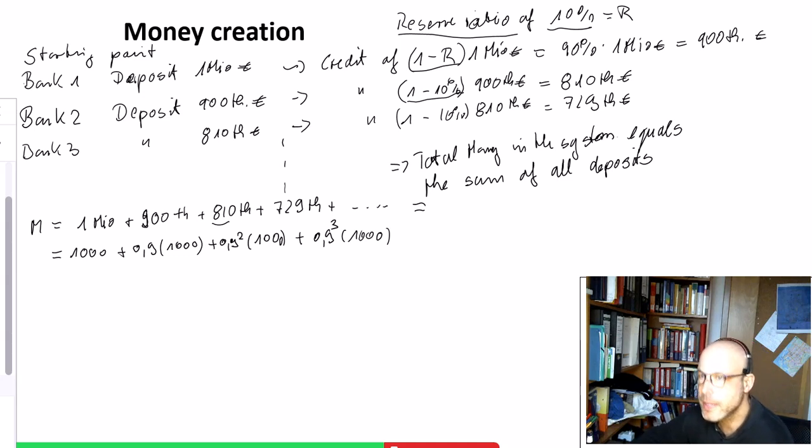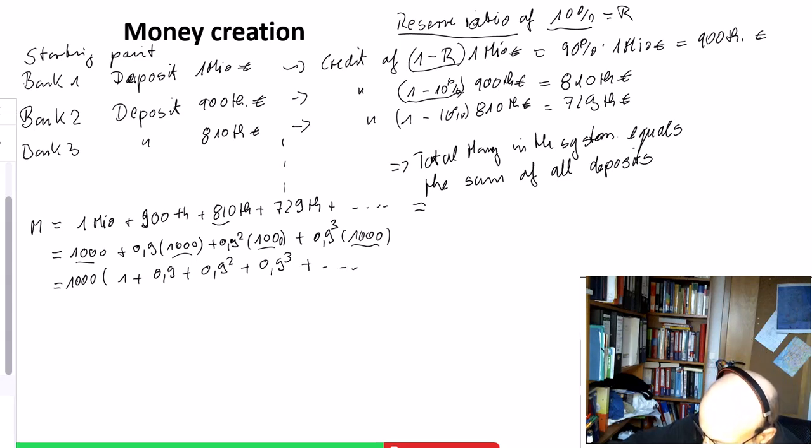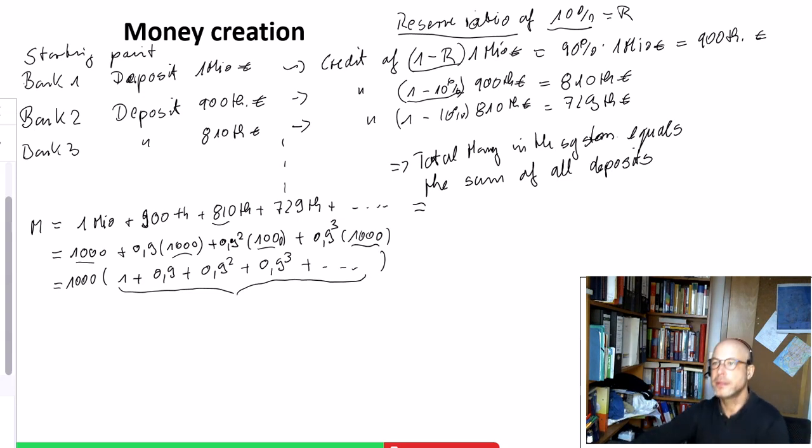So what we can do now is we can take out of brackets this 1,000 times 1 plus 0.9 plus 0.9 squared plus 0.9 to the power of 3 plus up to infinity. And now hopefully somebody of you can say me how we call such a series.